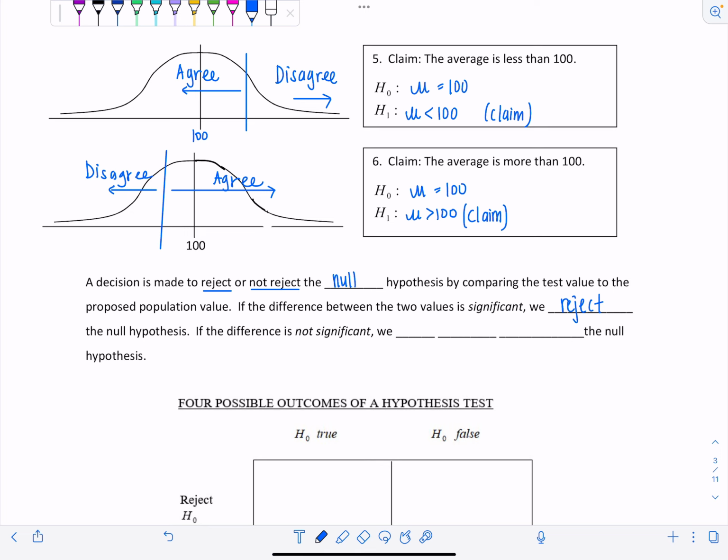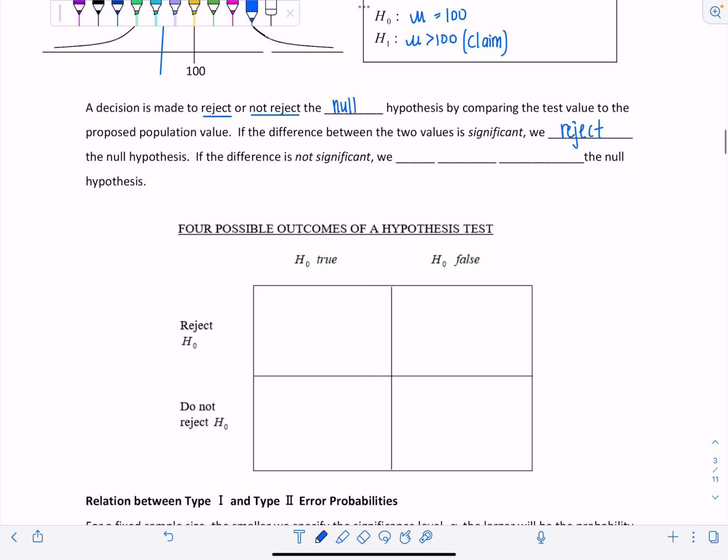If the difference is not significant, then we fail to reject the null hypothesis. Those are the only two decisions that you can make when hypothesis testing. So notice you can either reject the null or fail to reject the null. You never accept the null. You can either reject it or fail to reject it.